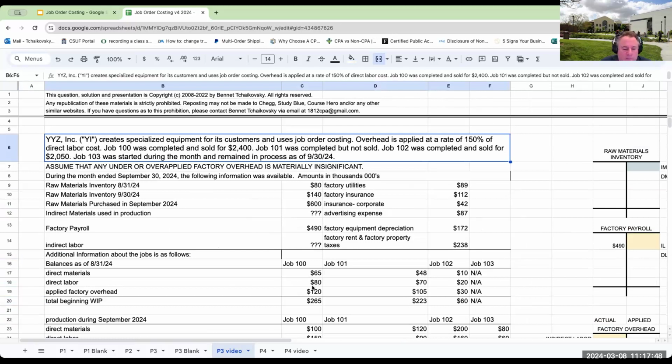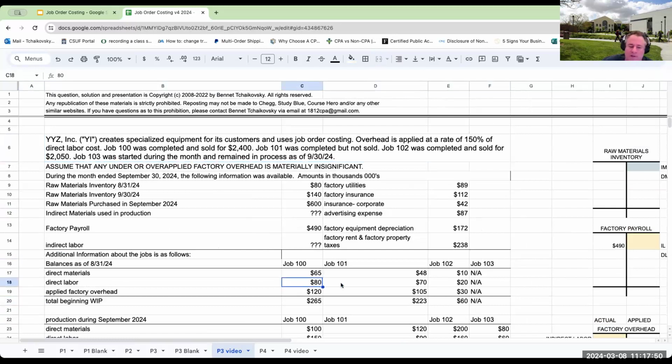If I look at my beginning inventory balances, what you'll notice is applied factory overhead is 120. How did that come about? Well, it was 80 times 1.5, or 120. 70 times 1.5 is where we're getting the 105 from.